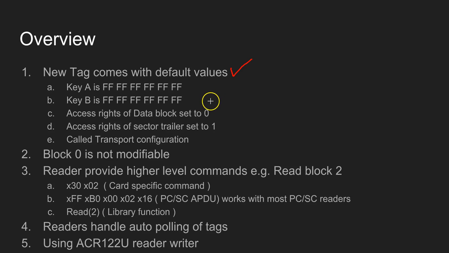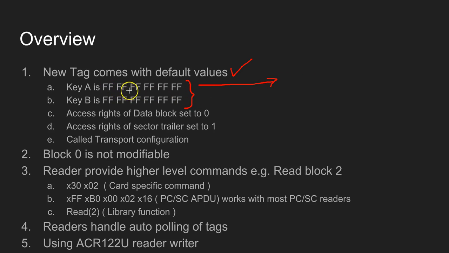So you have to know the default values of the key, and these values are very well documented in the Mifare Classic datasheet. I mentioned before that the size of the keys is 6 bytes.